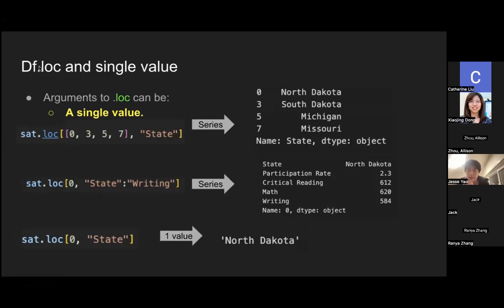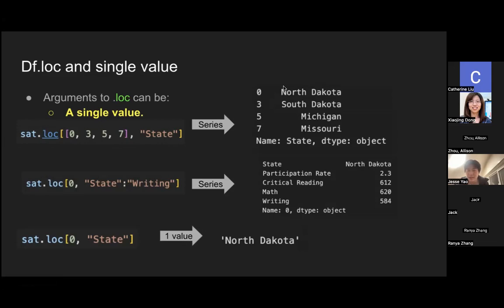And then lastly, what I can put into loc is a single value. So again, let's say I want to select the rows 0, 3, 5, 7, but I only want to select one column. What this will output is a series with 0, 3, 5, 7 as the indexes, right?